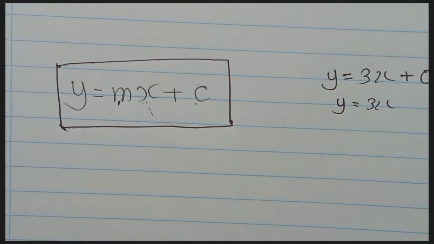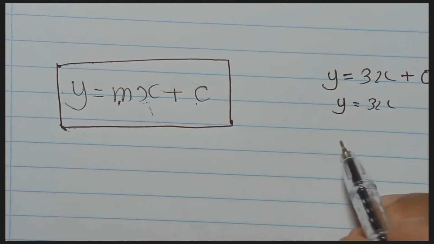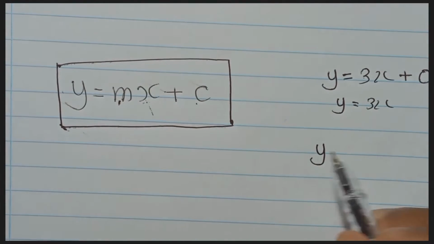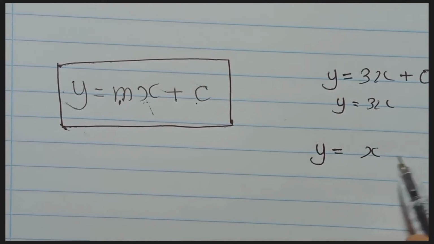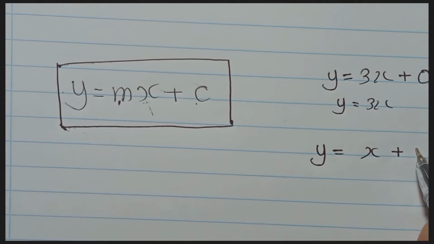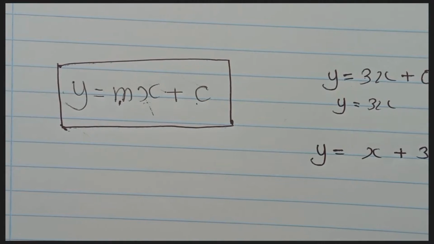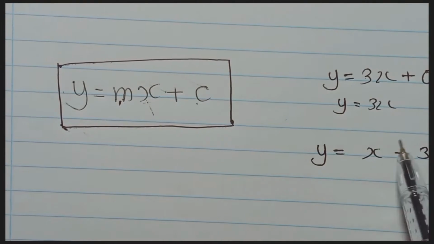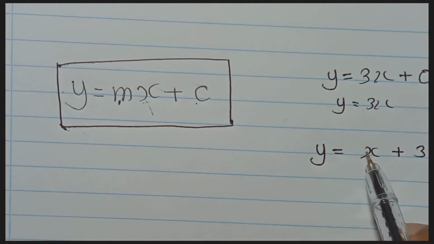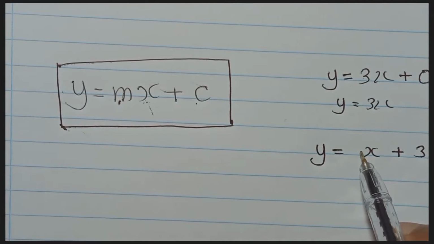That's the reason. The second example that we discussed was y equals x plus 5, right? That current bill example. In that, what is the coefficient of x? Here there's no number, that means 1.